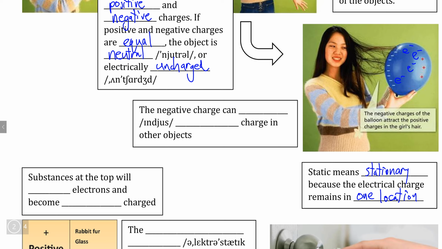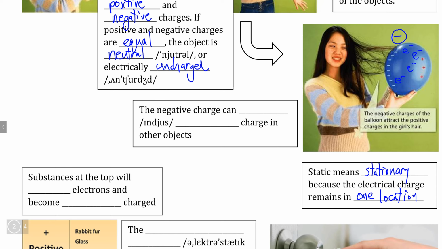Now, this static electric charge that we've built up here has some pretty interesting effects on other substances. So we see that this negative charge is causing an attraction in the girl's hair. So how exactly is this happening?